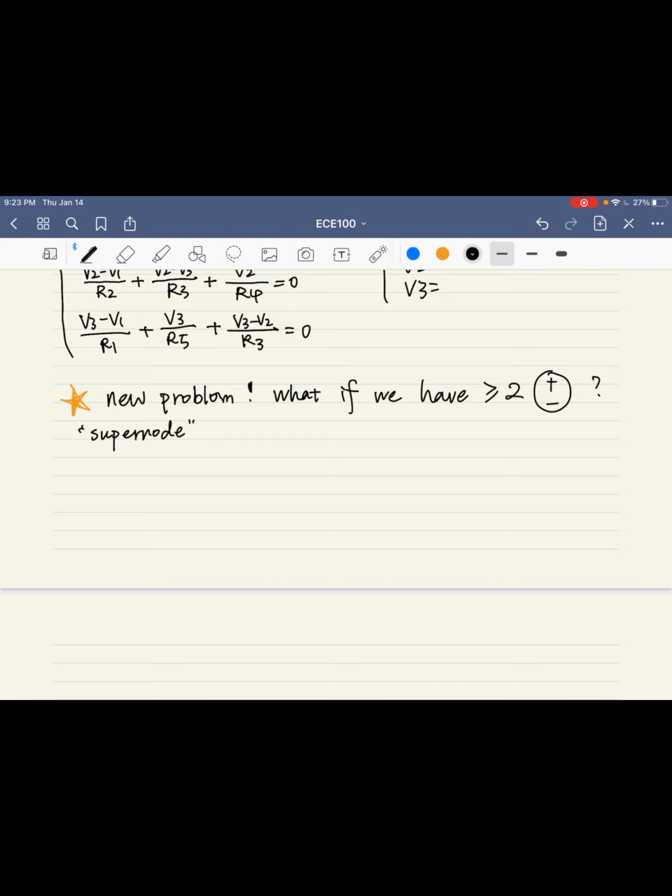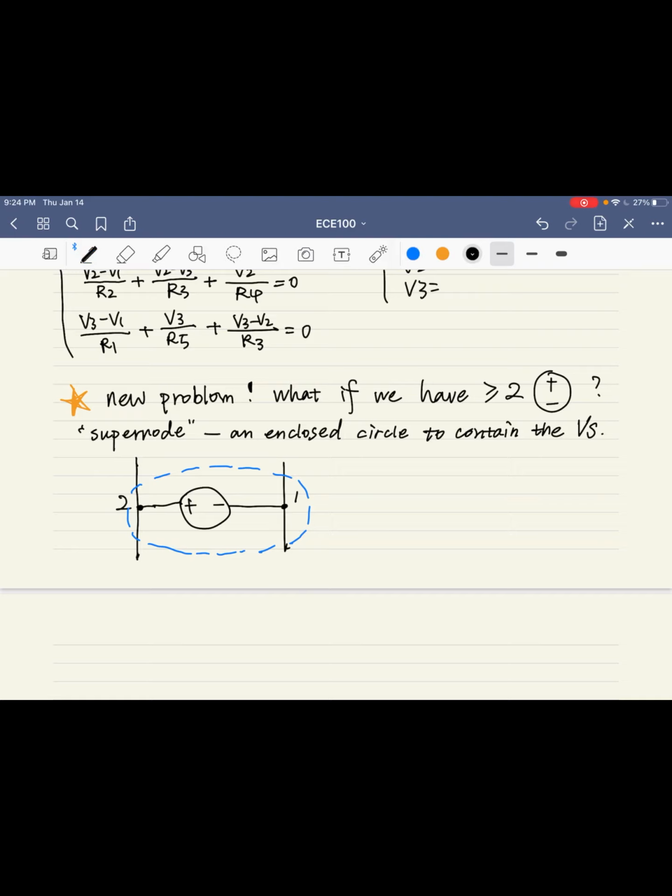So supernode basically means that you draw an enclosed circle to contain the voltage source, something like this. And you say that the whole thing is a node because it's super big, so it's called a supernode.